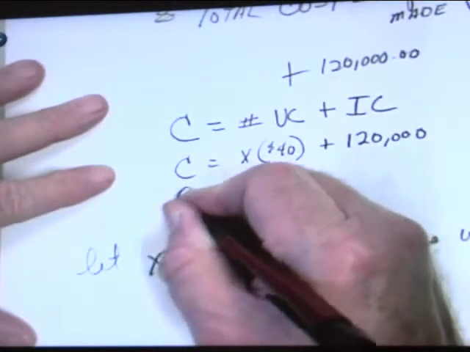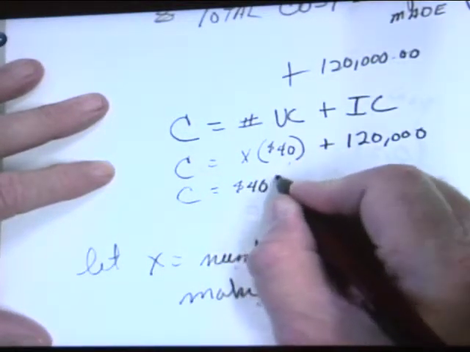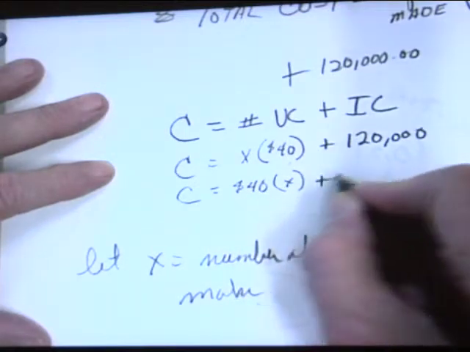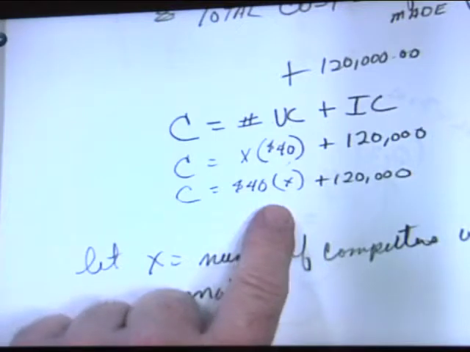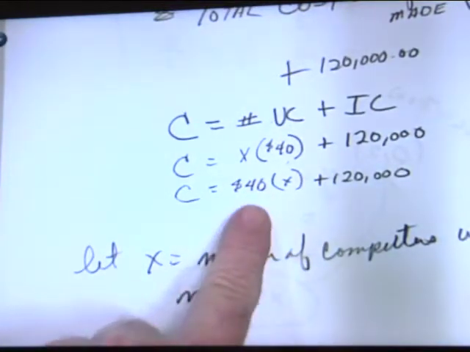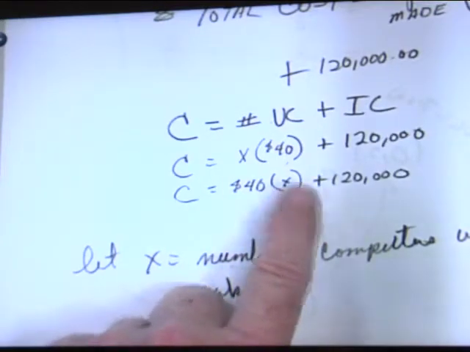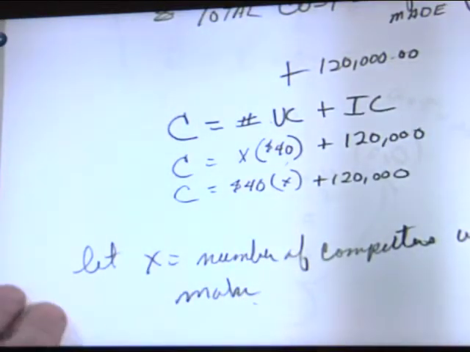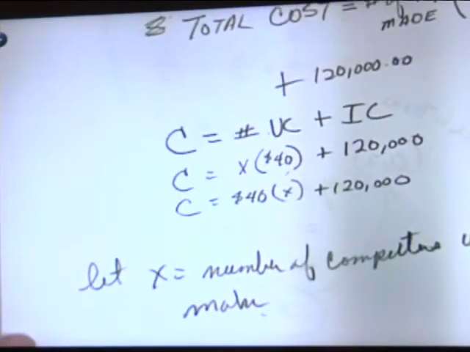Normally, we write this $40 as a coefficient. It doesn't matter as far as the answer goes, because we're multiplying here. It doesn't matter whether the X is first or the 40 is first. Mathematicians like to see it with the number and then the variable after the number. I'm not a mathematician though, so I'm not real particular. All right?